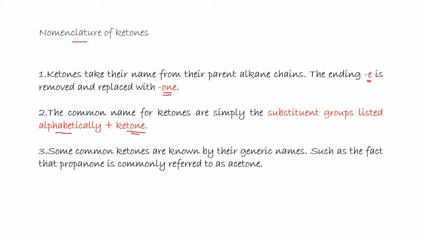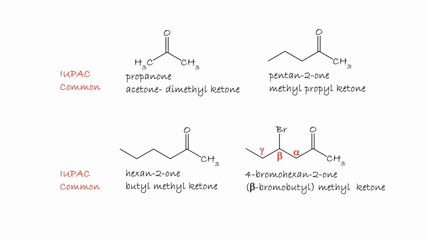Some common ketones are known by their generic names, such as the fact that propanone is commonly referred to as acetone. So, propanone, well known as acetone, common name dimethyl ketone.